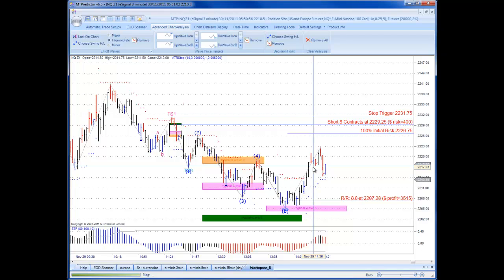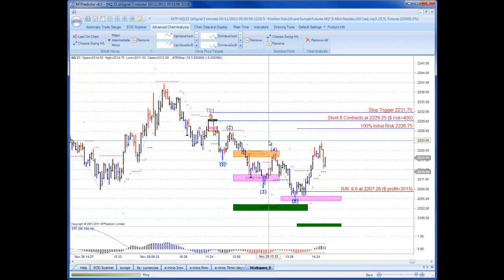So this is a very good example of how not only can we project targets, but we can also monitor the markets using the tools in MTPredictor as the market's unfolding to help gauge our stop loss management. Overall, this turned out to be a very good trade indeed, and a great example of the HolyGrail trade setup.